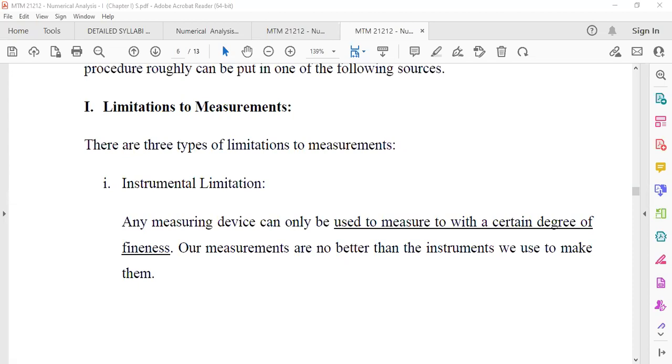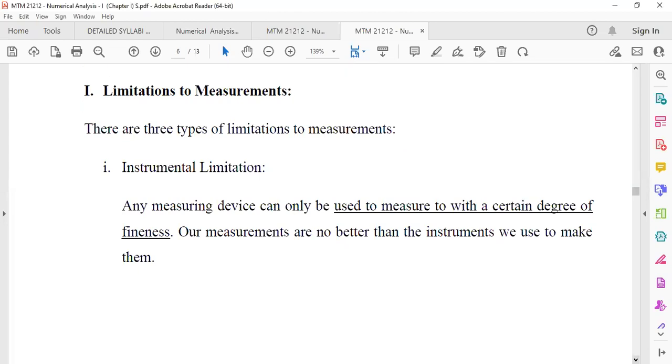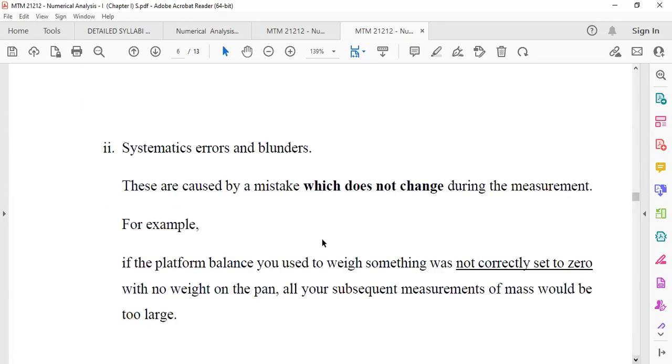So next one, this is one of the limitation of measurements types. Second one, systematic errors and blunders. Blunders, we call, maybe the reasons of careless mistakes, and systematic mistakes.